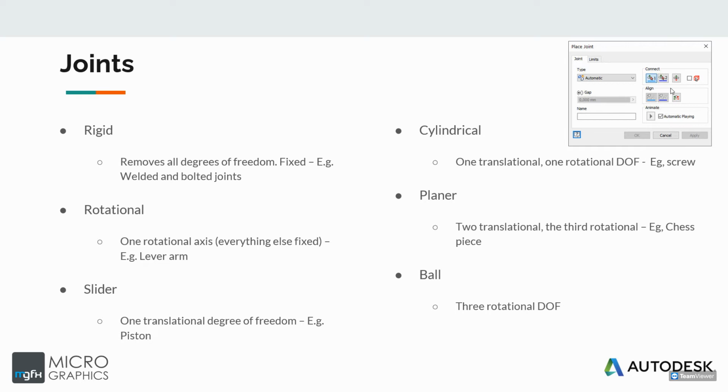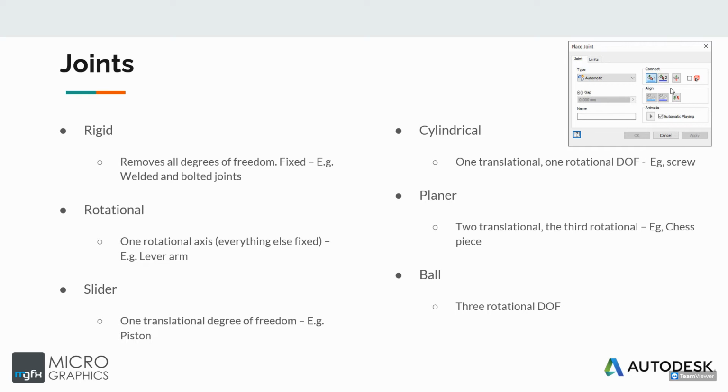It can't move back or forth, up or down. Then you have a slider, which has one translational degree of freedom. Just like how the rotational joint had one rotational movement, a slider can either move simply back or forth, or simply up or down, or left to right. Just one of those translational degrees of freedom.